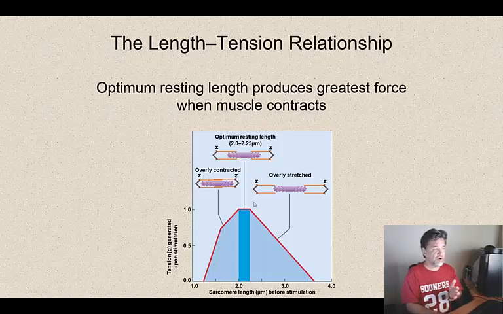On the other hand, if we're overly stretched, you can see there's barely any bulbous heads of the thick filament that are overlapping the active sites on the thin filament strands in the actins, right? So there's not much opportunity for grabbing hold of those active sites and being able to exert a maximal contraction. And so you can see that on this right-hand side of the graph, how that affects the function of the muscle.